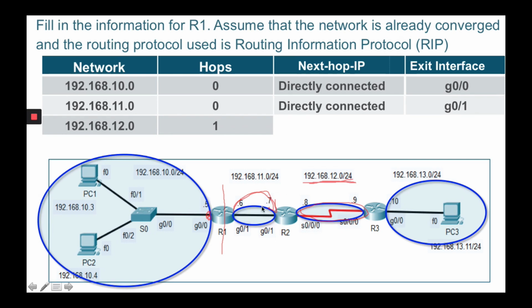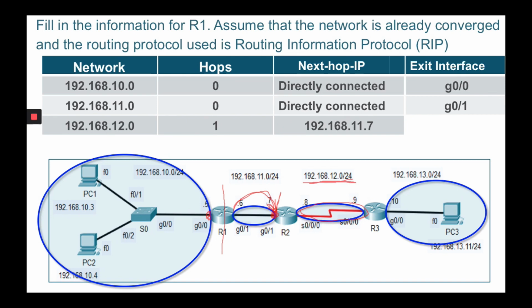And the next hop IP: when you route to this network, you stop at this interface of G0/1, so the IP address of this interface is 192.168.11.7. This is your answer. And how about the exit interface?